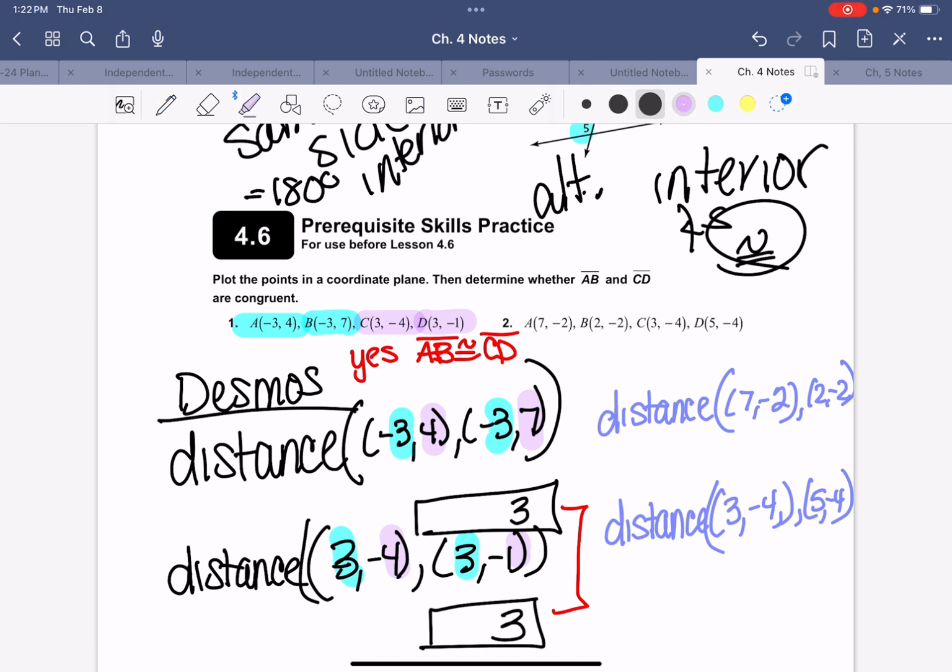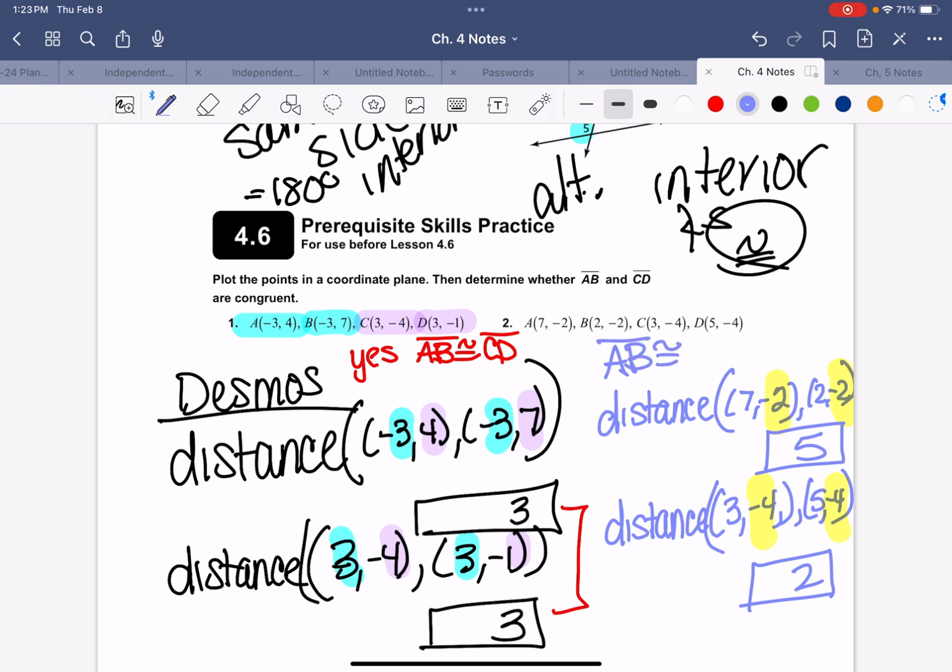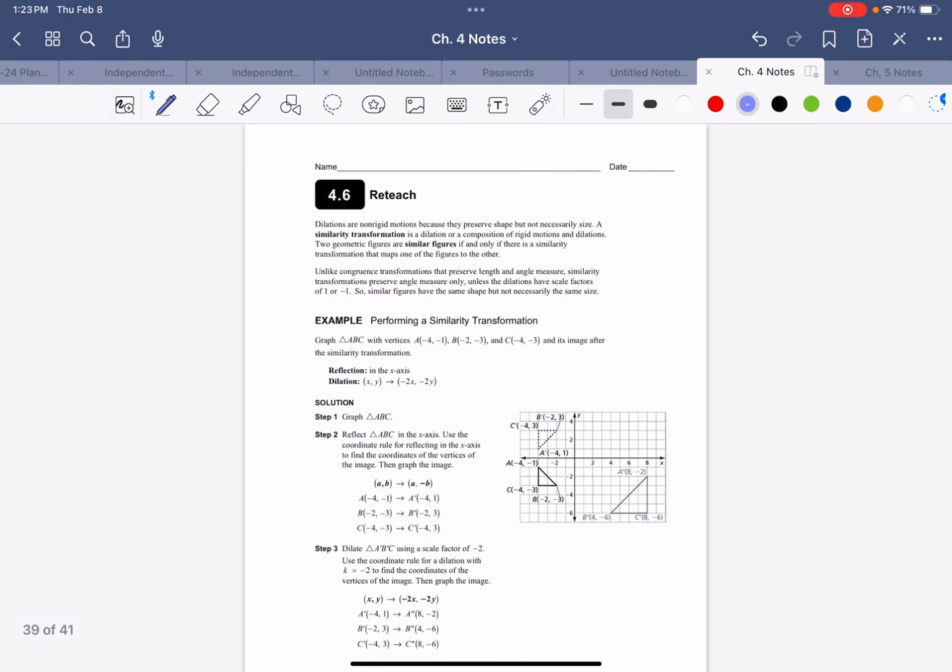And again, I'm doing this in my head because I'm recognizing that both my y coordinates are the same. You're going to end up getting that the answer to this is 5, but the answer to this one is 2. Okay, so we would say that AB is not congruent to CD. And again, that little Desmos thing is amazing.